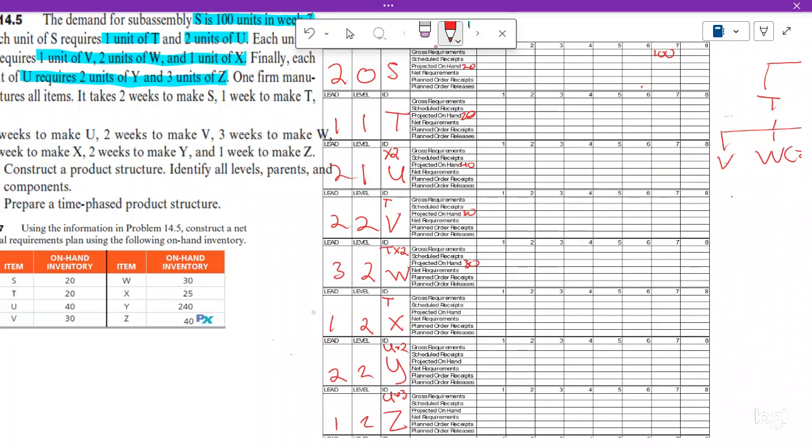X is 25. Y is 240. And then Z is 40. Then I'll stop. Just a little bit.